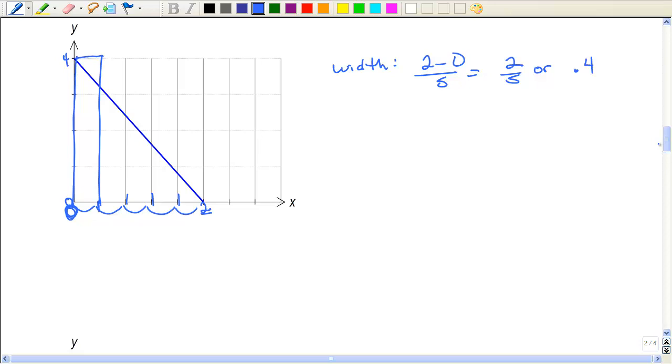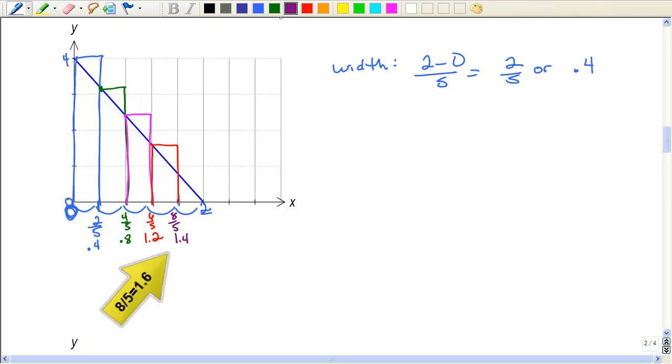My next endpoint is going to be 2/5 or 0.4, and I would go up to this height. My next one would be 4/5, which is 0.8, and I would go to this height, so I'm going up to the line. The next one is going to be 6/5, which is 1.2, and then the last one I think would be, let's see, 8/5, which is 1.6.